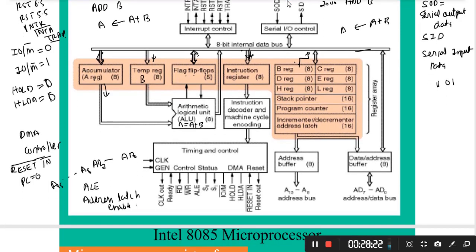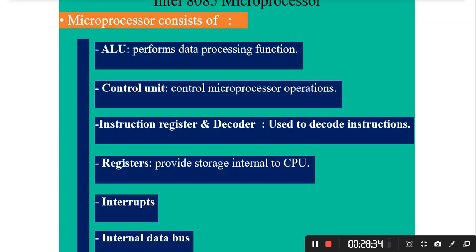Now, whatever we have seen in this architecture, we will summarize. In this architecture, we have an ALU to perform data processing functions.